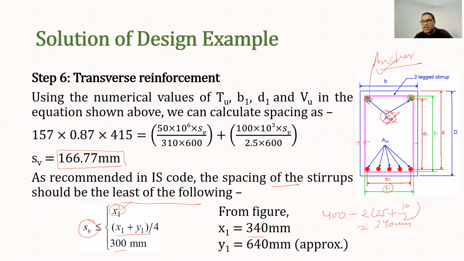Therefore, the dia of this anchor bar can be say 12 mm. So if we provide this dia, then this value may be higher. But for the sake of convenience, we are just assuming that y1 is also having 30 mm from this side and 30 mm from this side. So therefore, this becomes 640 mm.